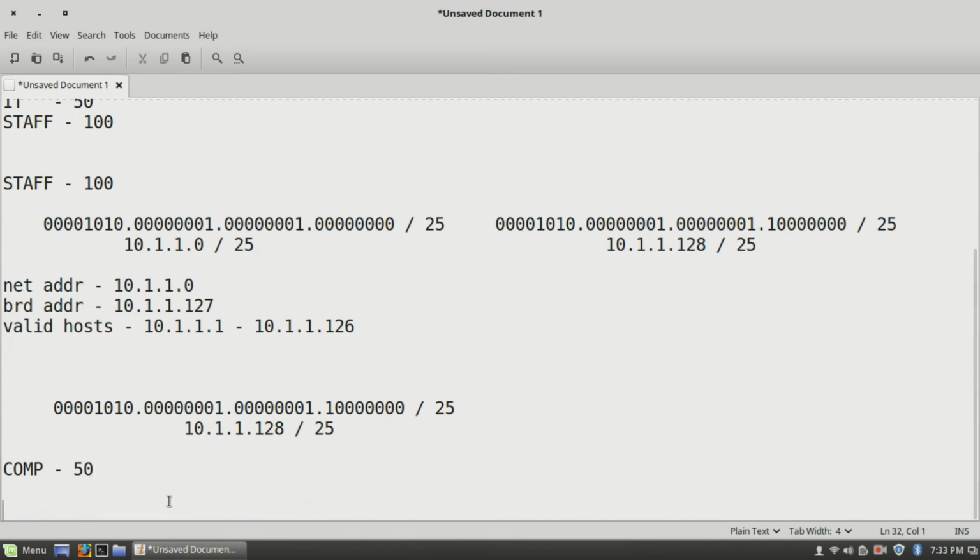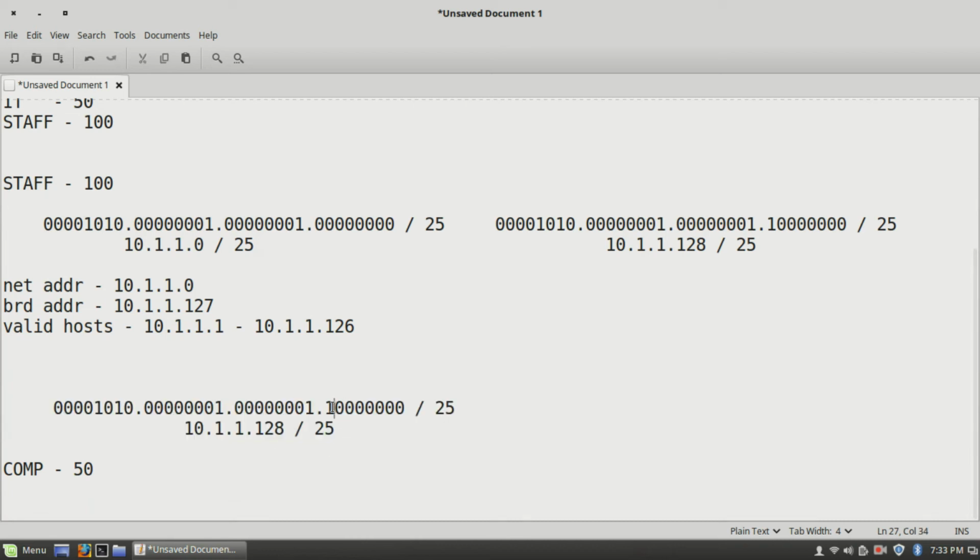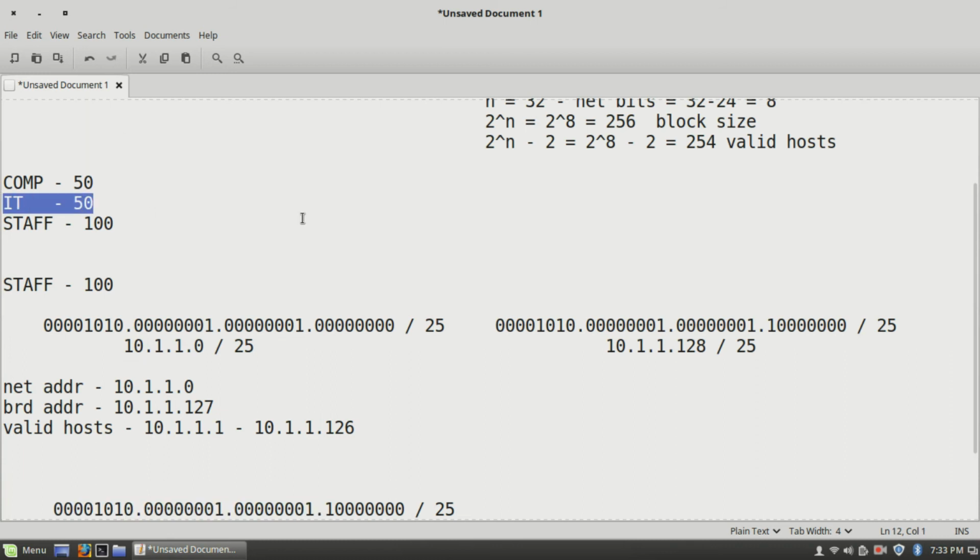Now, computers is 50. Our block size is 50. What I have here is block size of 128. /25 means these bits will never change. Now if I use it directly as 128, I'll be wasting so many IPs, which I don't want, because I have to create one more network for IT.